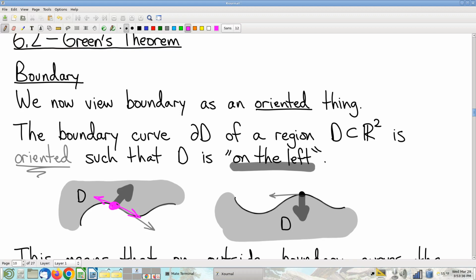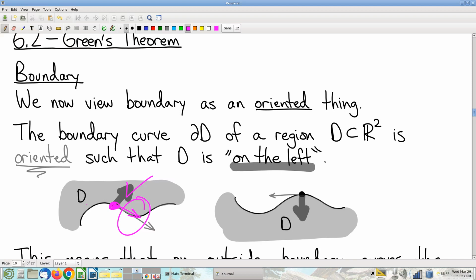So it doesn't really matter what your perspective is. It's not as seen from anywhere. Those are just my two options. And if I'm going this way, the region's on my left. So that's the correct direction. Does that make sense? And the region is the big gray blob? Yeah, that's right. The big gray blob is our region D.